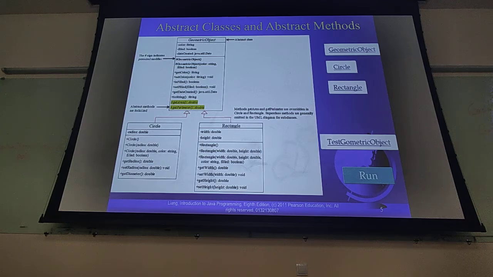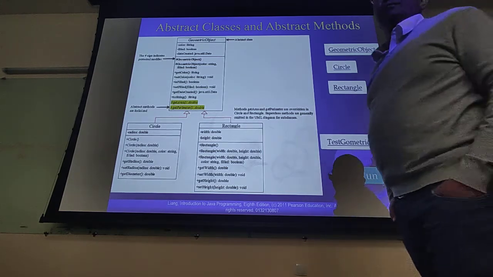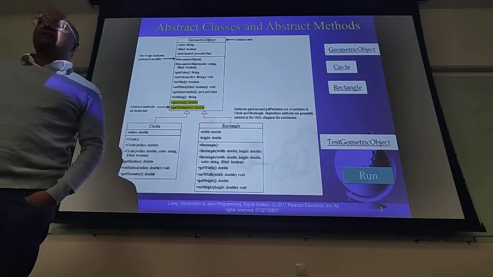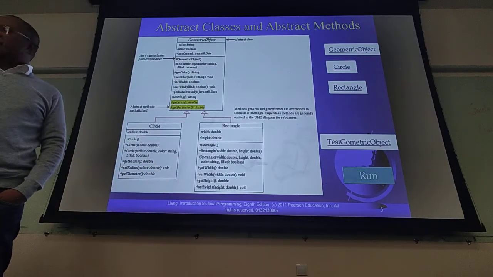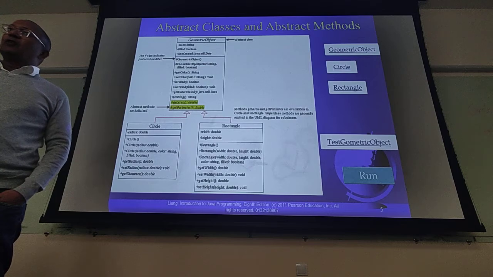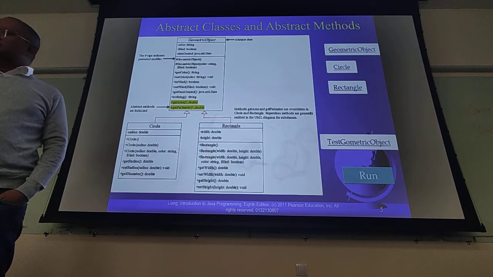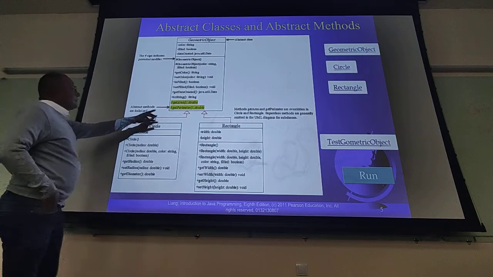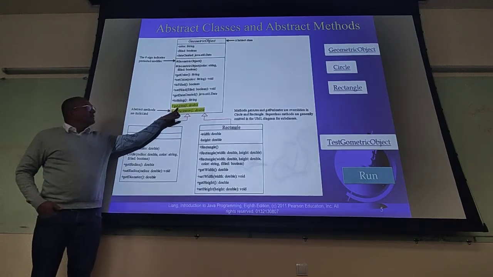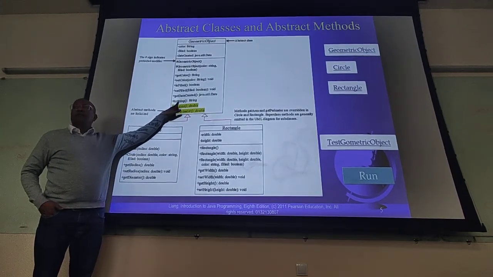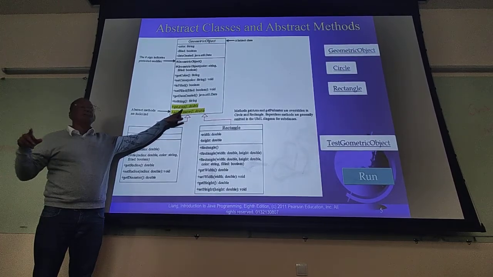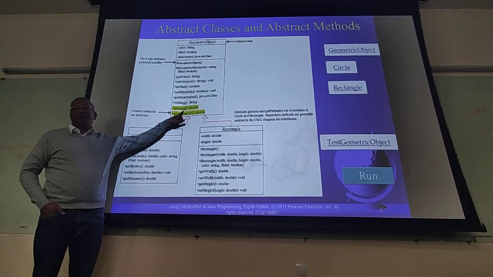Same example again. Now see how to read the class diagram. There are some new things here that were not in the previous class diagram. Plus, minus, hash. Class is here, attributes are here, methods are here. Can you see this? This is not italic. This is italic. Italic means these are abstract methods.